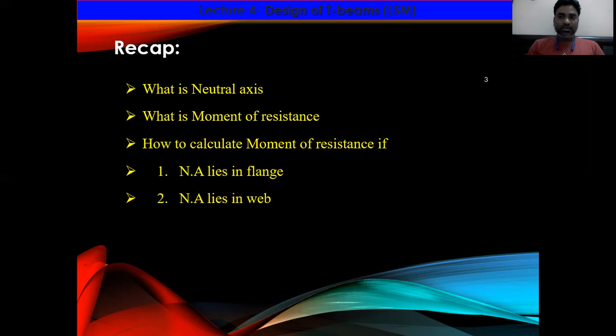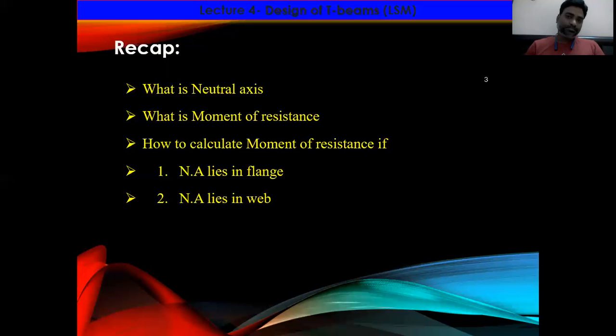Right. So the procedure to determine the moment of resistance for the T-beam when the neutral axis is within the flange is different as compared to when the neutral axis lies within the web. So the procedures we discussed in the last class.